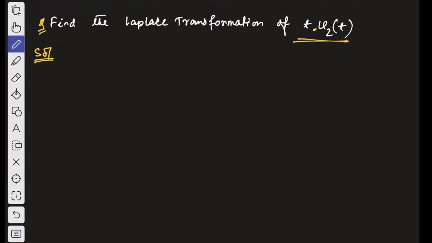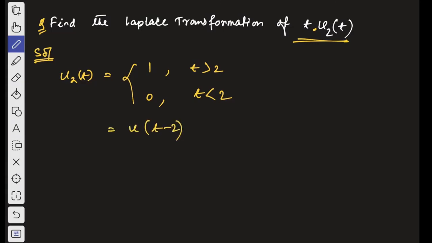Now let us find the Laplace transformation of this function. So here you see this function, that u2 of t, it means this is nothing but 1 when t is greater than 2, and it is 0 when t is less than 2, right? So that means you can write u of t minus 2, right? That's the meaning.